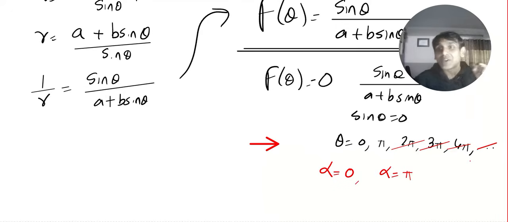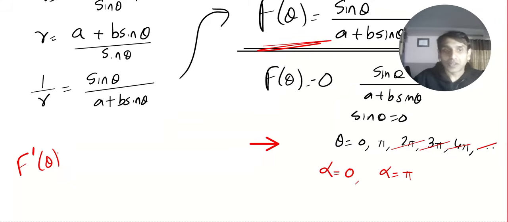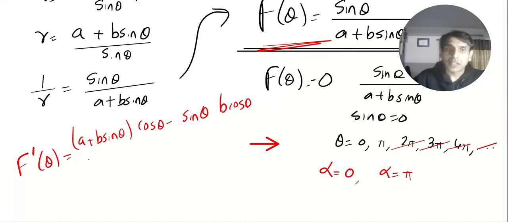Now, this time I'm not skipping step number 3. What is step number 3? Yeah, the derivative. We have to apply the u by v rule. So, denominator, derivative of numerator minus numerator, derivative of denominator, the whole divided by a plus b sin θ, the whole square.